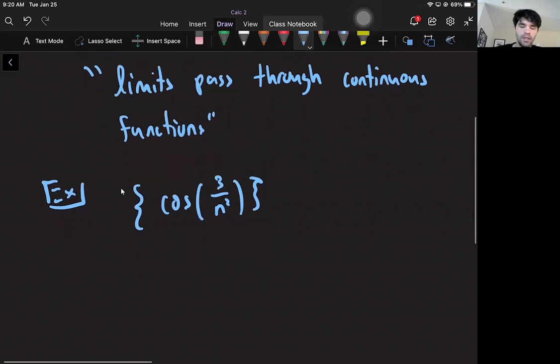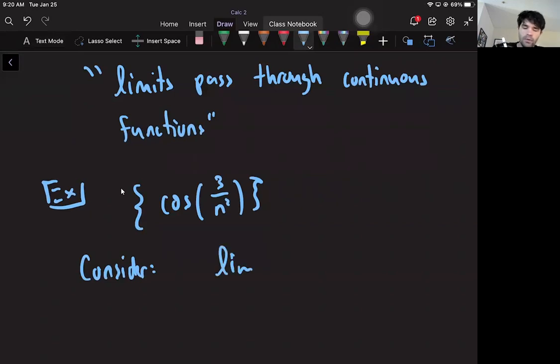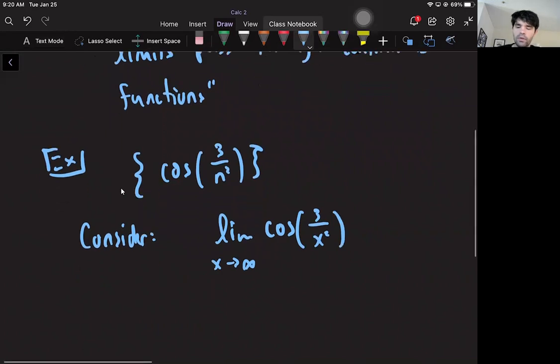And the idea is, we're thinking about the limit of a function as x goes to infinity instead of the limit of the sequence, and we're just replacing the n's with x's, and then that way we get to use the rules from before.